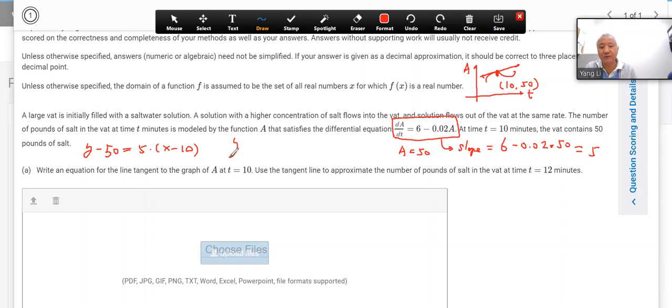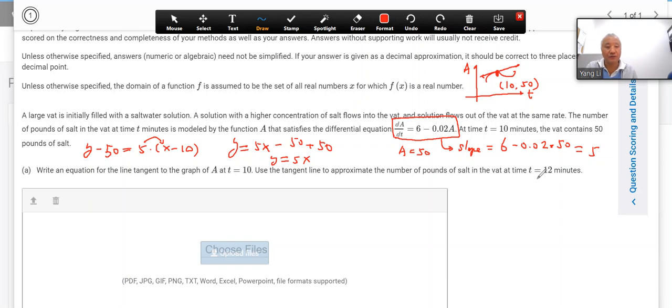You get y equals 5x minus 50 plus 50, so y equals 5x.